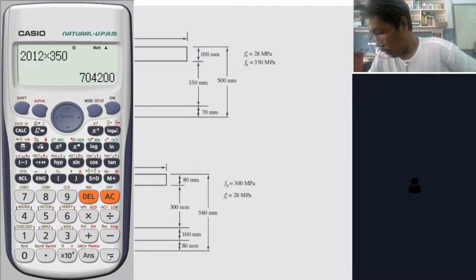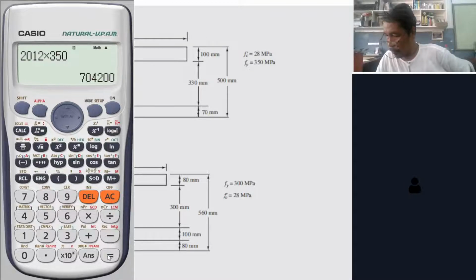Now, as you can see, T is going to the right, CF is going to the left, and CW is going to the left. There are only three forces. CF and CW are going to the left, opposing T, and therefore they are equal. So let us write it down.